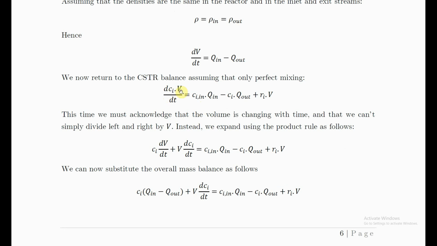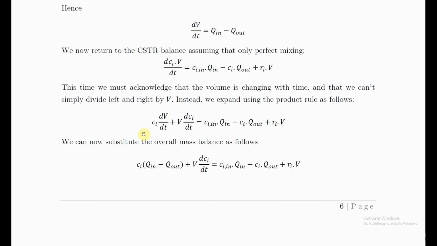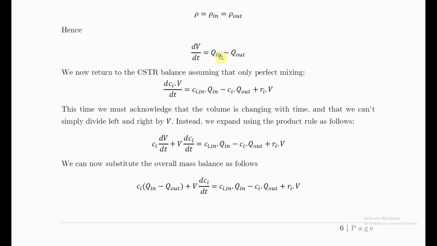And so both these time functions are multiplied together, so we can use the product rule of differentiation and separate it out. So d/dt of CiV can be rewritten as V dCi/dt plus Ci dV/dt. So we've just expanded the left-hand side here. All this stays the same. And now dV/dt, we do know what that is.